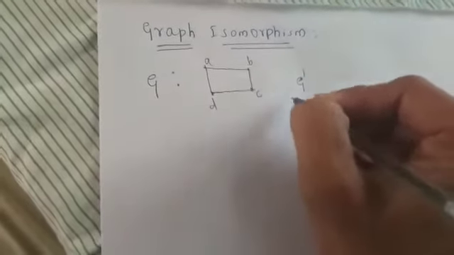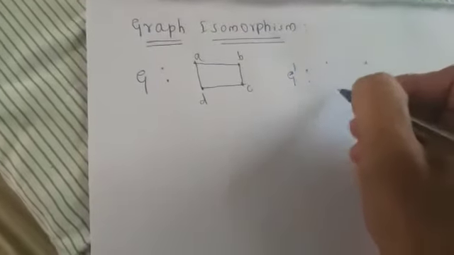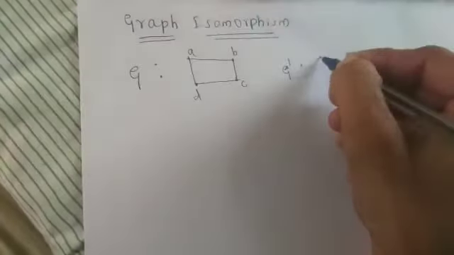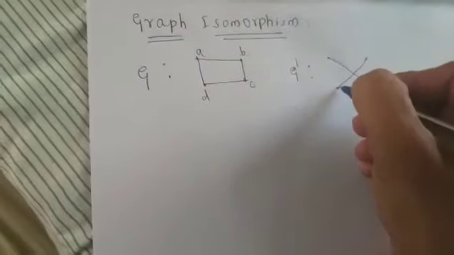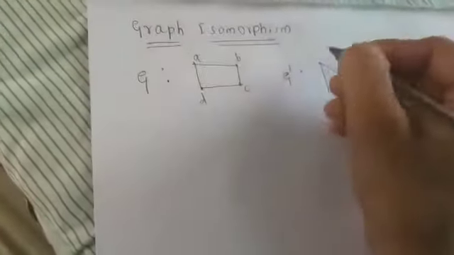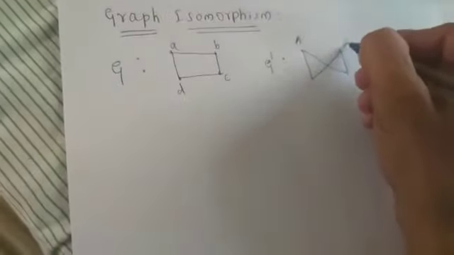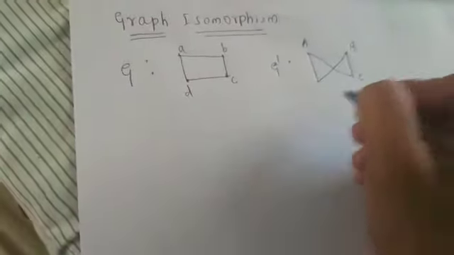I will call it G dash. I will name these again with the four vertices, but the adjacency is not the same as in G. The vertices are A, B, C and D.